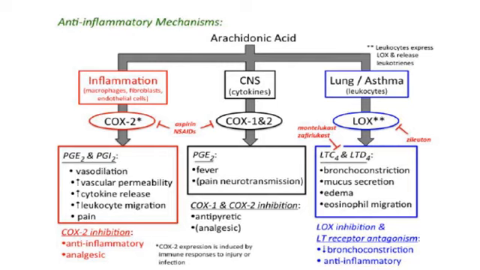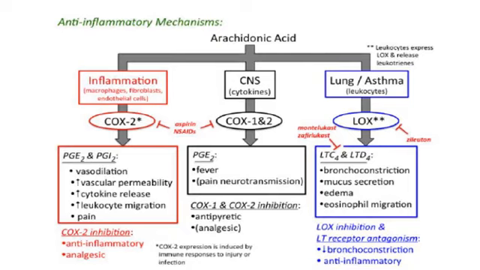This is another diagram that is summarizing the metabolism of arachidonic acid. Now we know this arachidonic acid comes from the phospholipid membrane. This arachidonic acid may pass through many pathways. In the CNS, in the presence of cytokines, arachidonic acid will be metabolized by cyclooxygenase 1 and 2 enzymes and will liberate prostaglandin E2 inside the CNS.